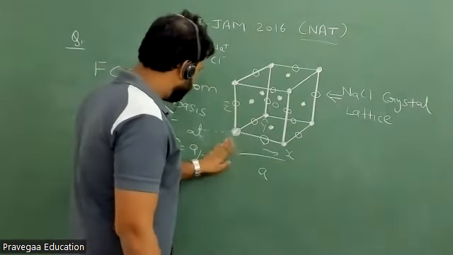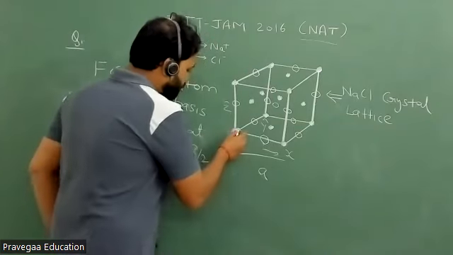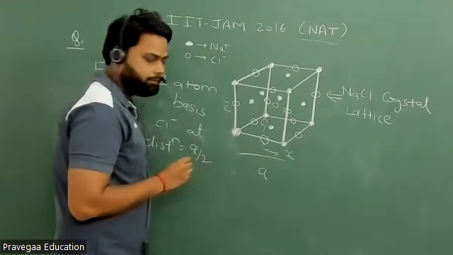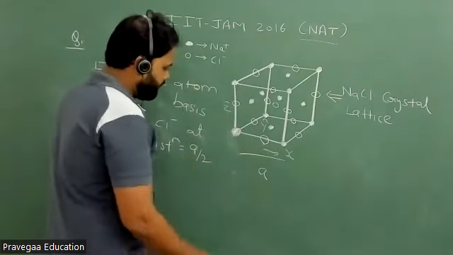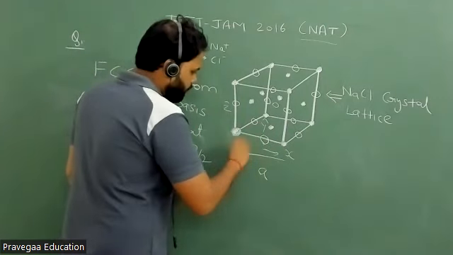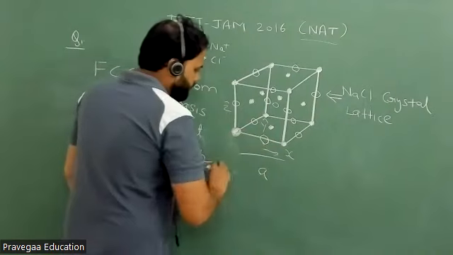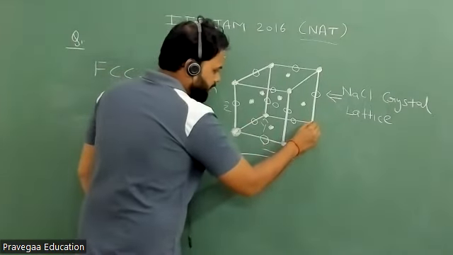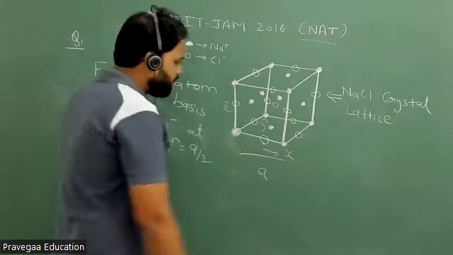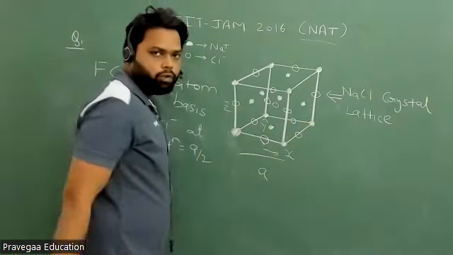Let's try to find the second nearest neighbor ion of this sodium ion. This is at distance a, this is a/2, and if we take this ion at the face diagonal, it will be at root 2 a.